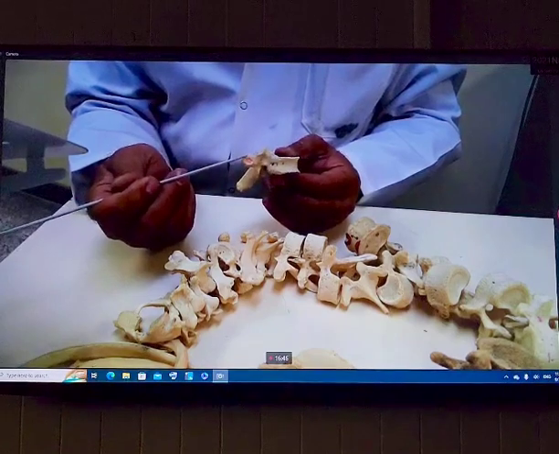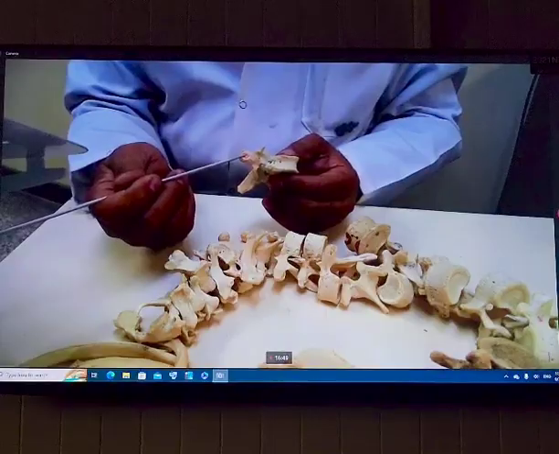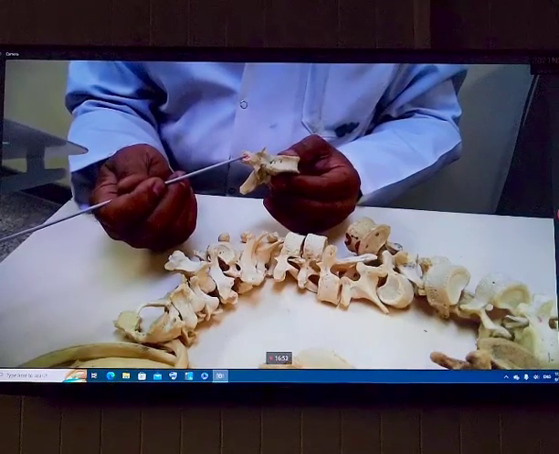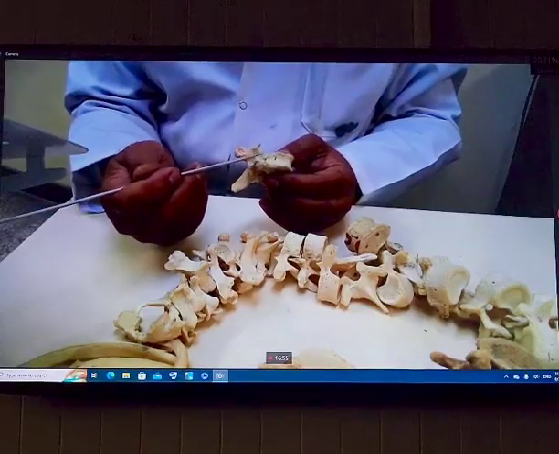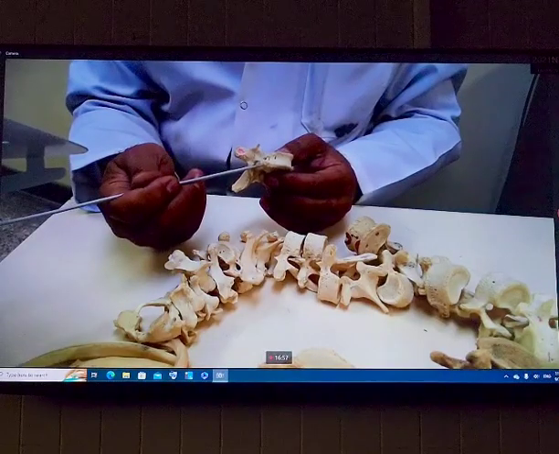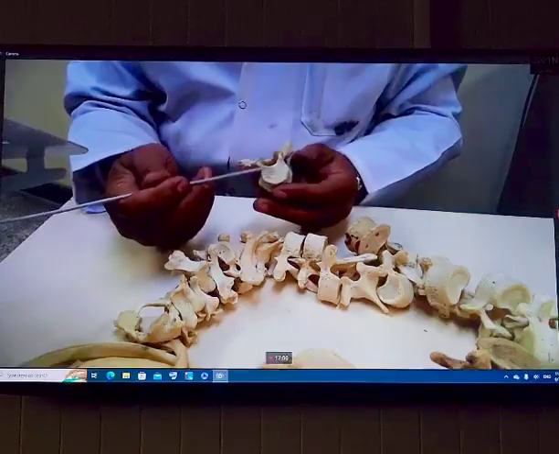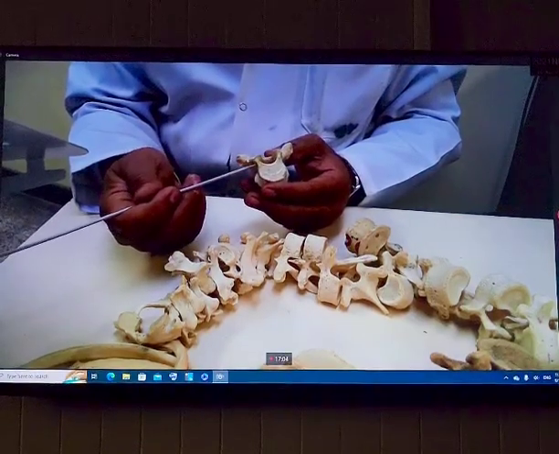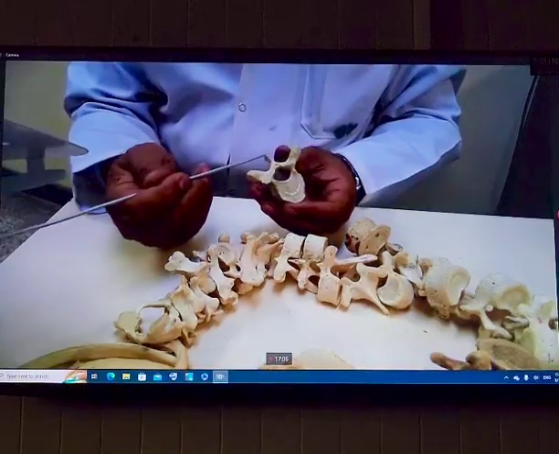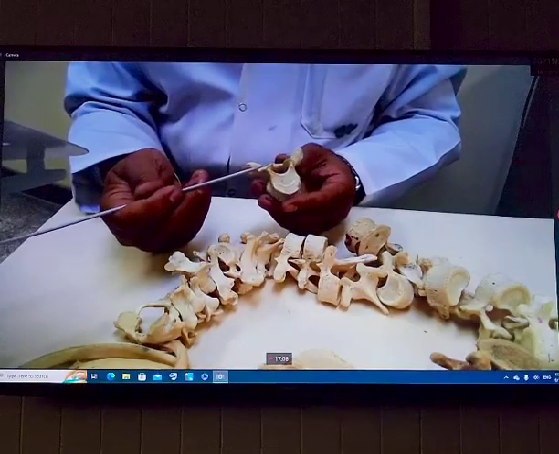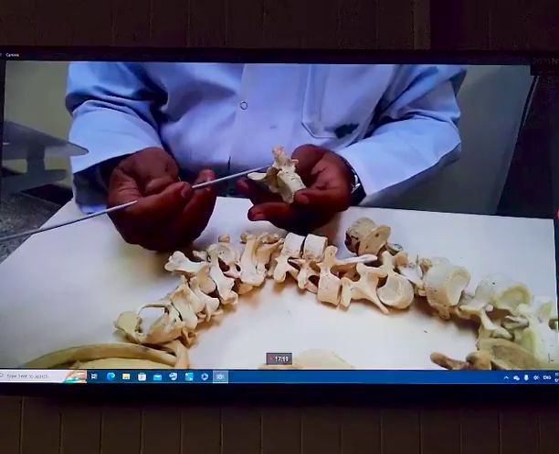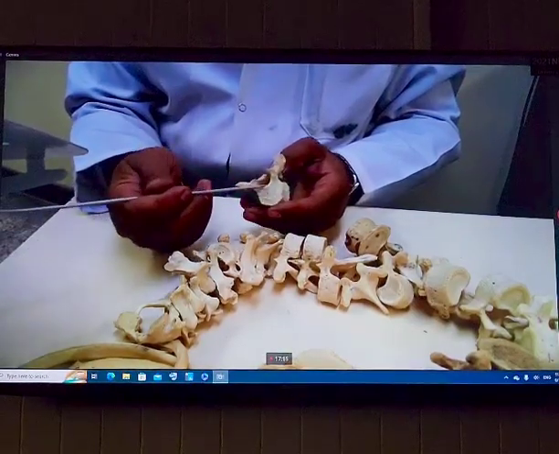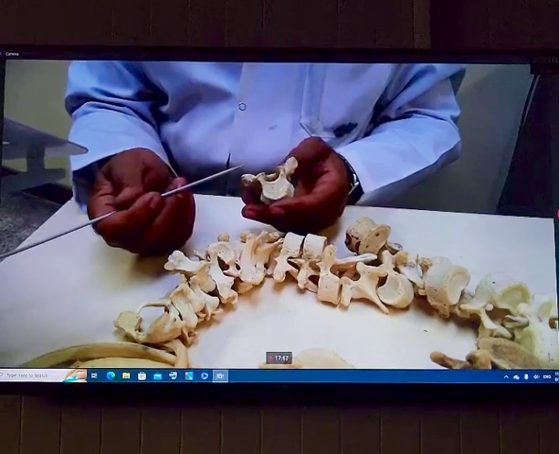This is the transverse process. The facet of the transverse process articulates with the tubercle of the rib, while the facets on the body articulate with the head of the ribs. The parts of the vertebra include body, pedicle, lamina, spine, superior articular process, and inferior articular process. All these parts should be discriminated, and this is the vertebral canal.